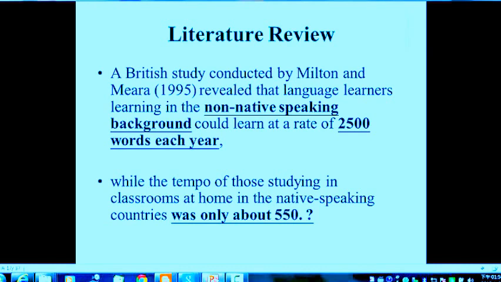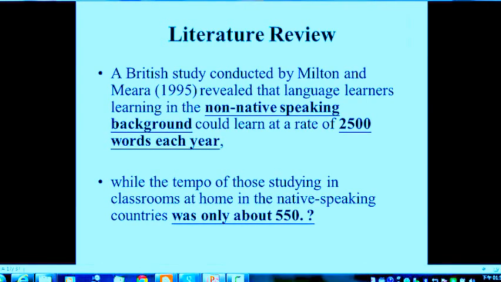A British study conducted by Milton and Meara revealed that language learners in the non-native speaking background should learn at the rate of 2,005 words each year, while the tempo of those studying in classrooms at home in the native speaking countries was only about 550.